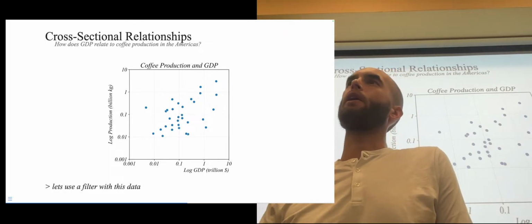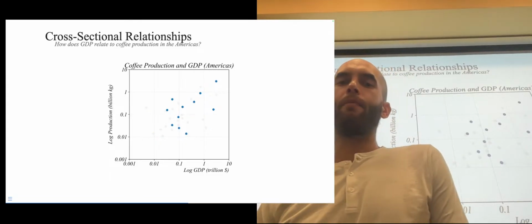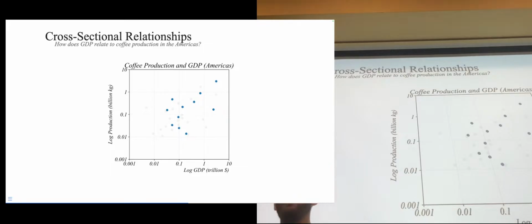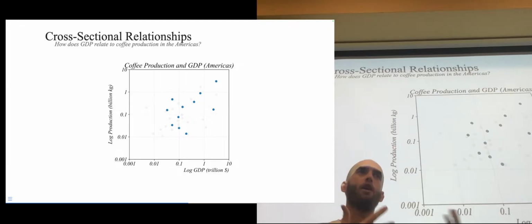So are you in the Americas? And if you are, I'm going to plot those countries. And we're in a log-log scale still, which is nice. And we've performed a subset, which gives us a better picture for which countries are which.